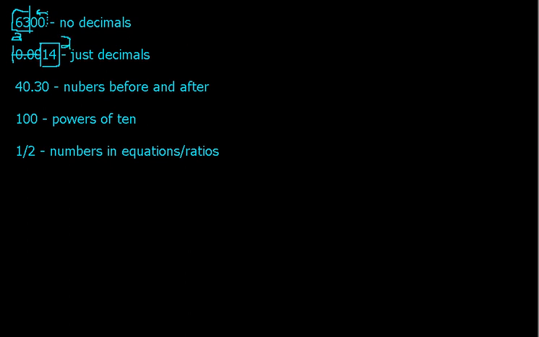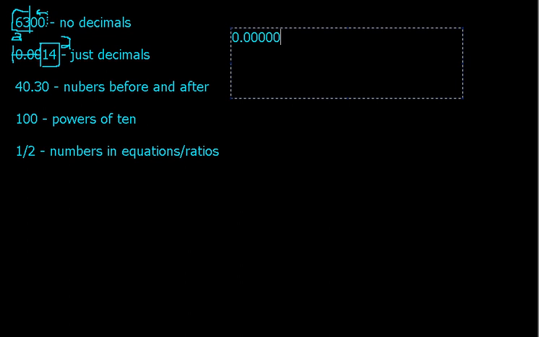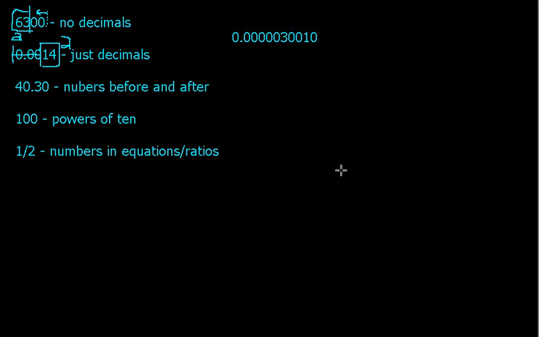So say we have 0.000030010. Same process. I go from the left, work my way in. I hit a non-zero number, so now all of these are significant digits.